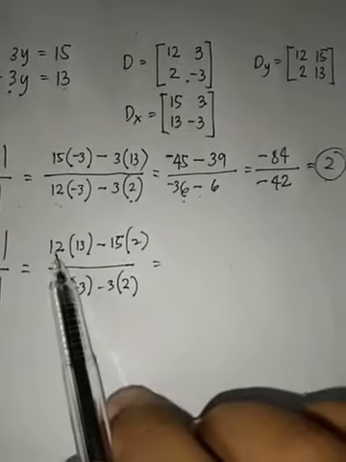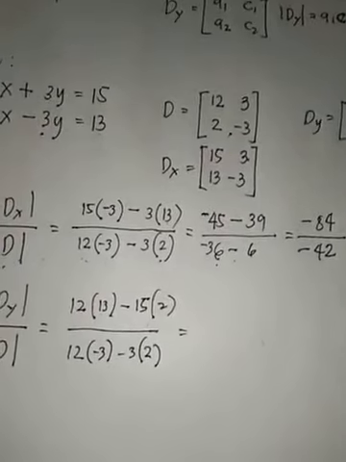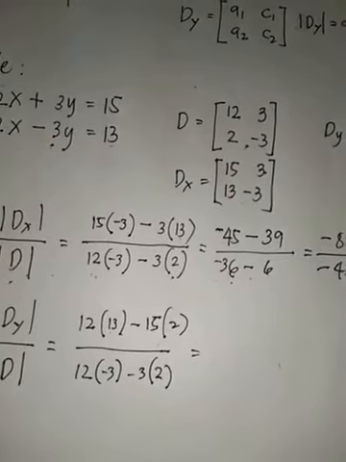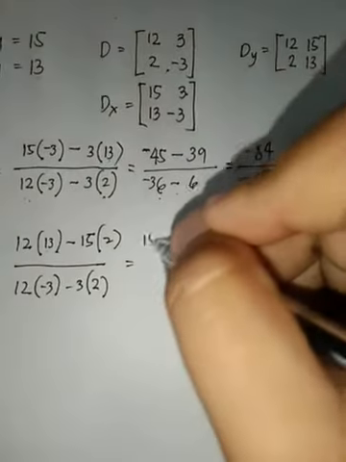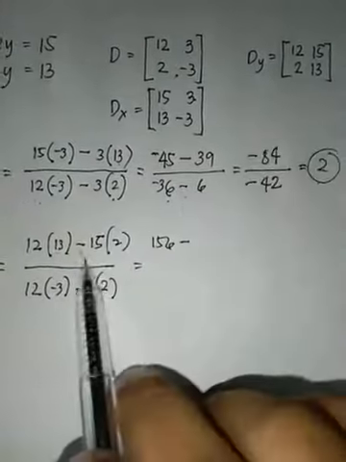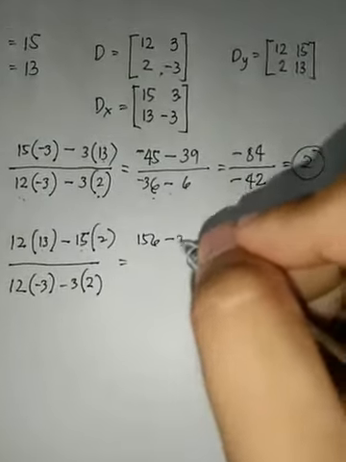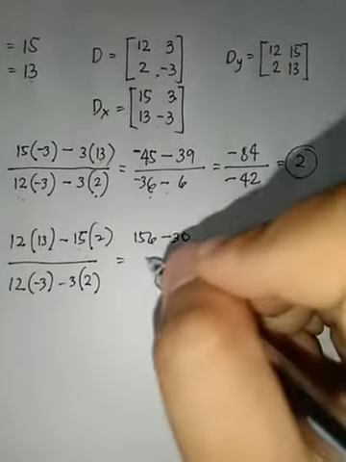Okay, then simplify. 12 times 13, this is 156. Minus 15 times 2, we have 30.